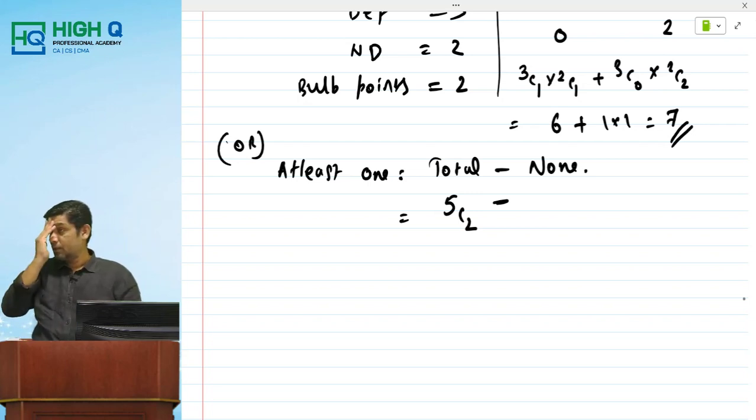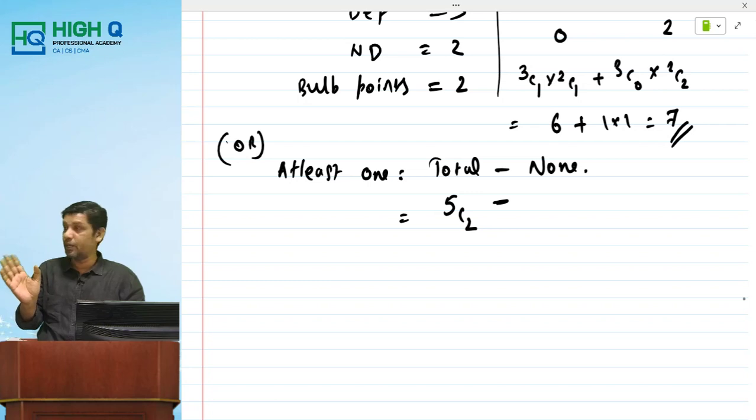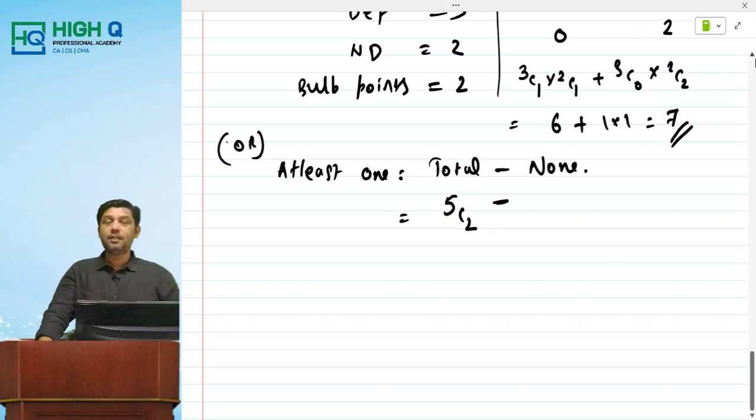Correct only. See, listen here, my dear. The meaning of none: you understood what is meant by total. What is meant by none? Whatever defective bulbs are there, that has to be removed. Am I right, my dear? If I remove the defective bulbs, automatically the rest are non-defective.